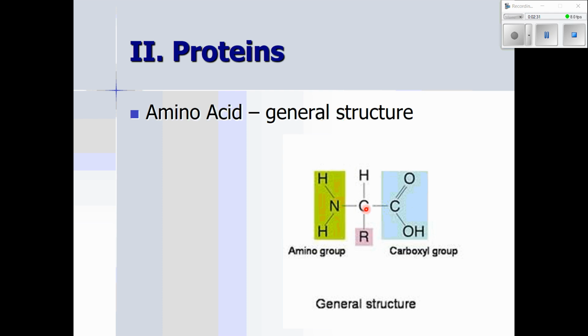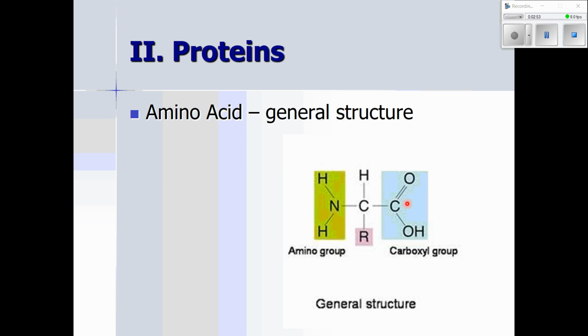Notice we're not just talking about carbon and hydrogen and oxygen, like with most lipids and all carbohydrates. Now we've got nitrogen. It's a nitrogen atom bonded to two hydrogen atoms. That makes up what we call the amino group.